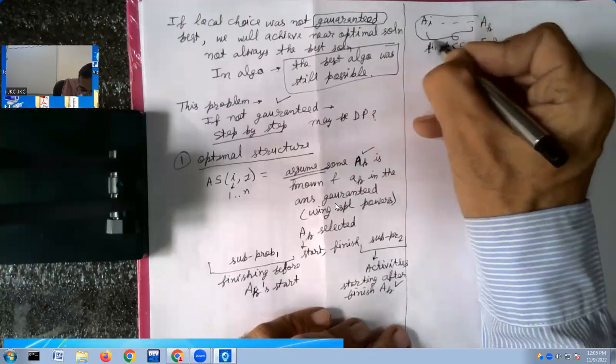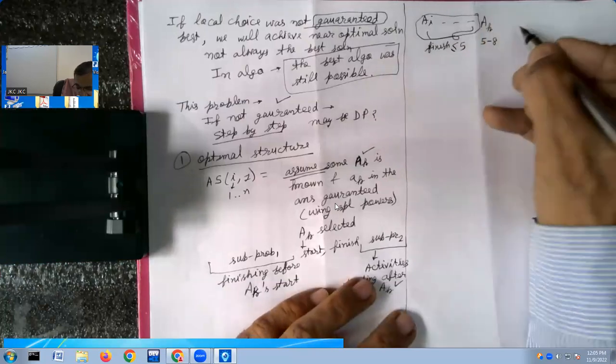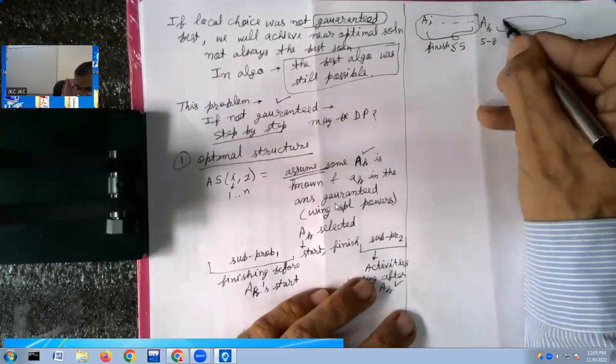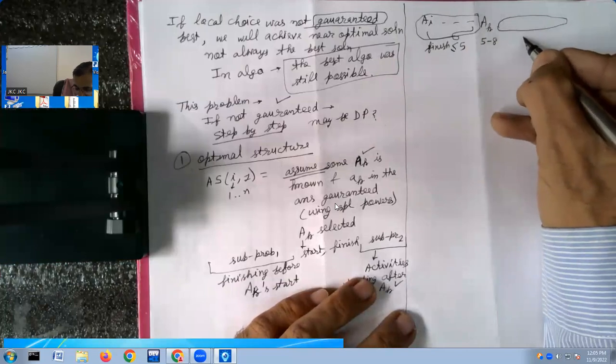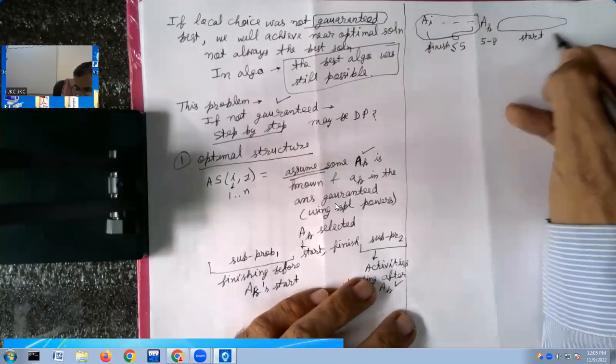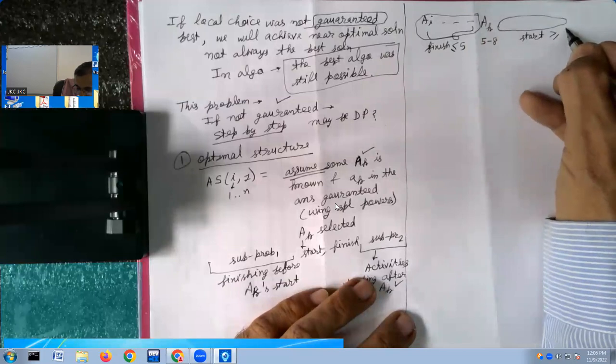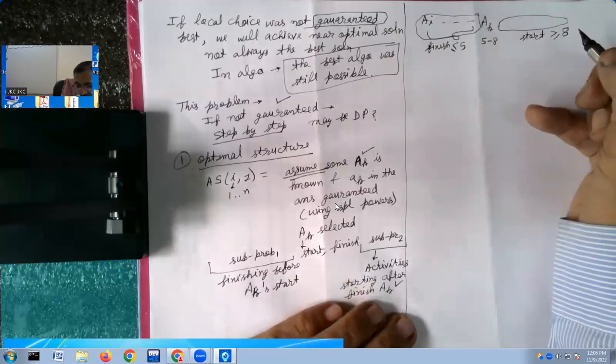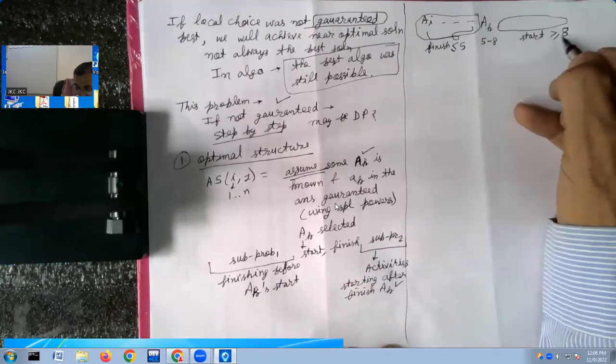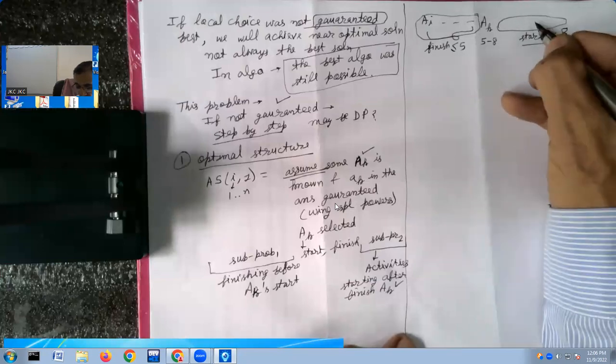They can come from one sub-problem. And on this side, I should get an answer whose start time is greater than or equal to 8, which will be useful for me as sub-problem 2.